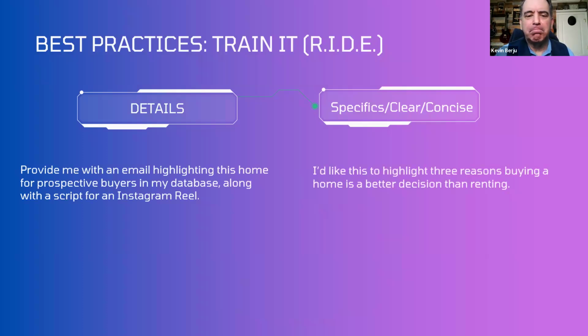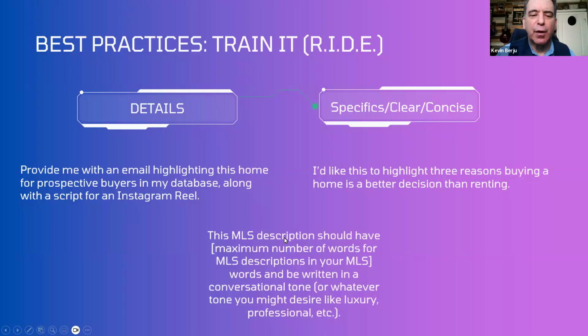Or, I'd like this to highlight 3 reasons buying a home is better than renting. Or the MLS description should have a maximum number of words for MLS descriptions in your MLS. I don't know how many words Bright allows. It can be written in a conversational tone or whatever tone you want, professional tone, a stern tone. You can do whatever you want, and that's how it will output. But the more specific, clear, and concise you are, the better your output will be, and the less you have to adjust. And again, this is about saving time.